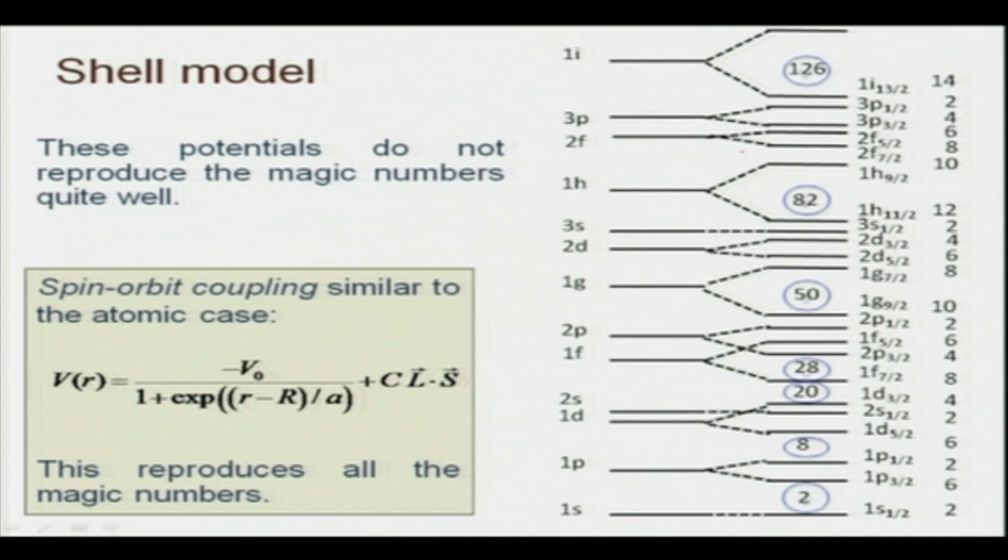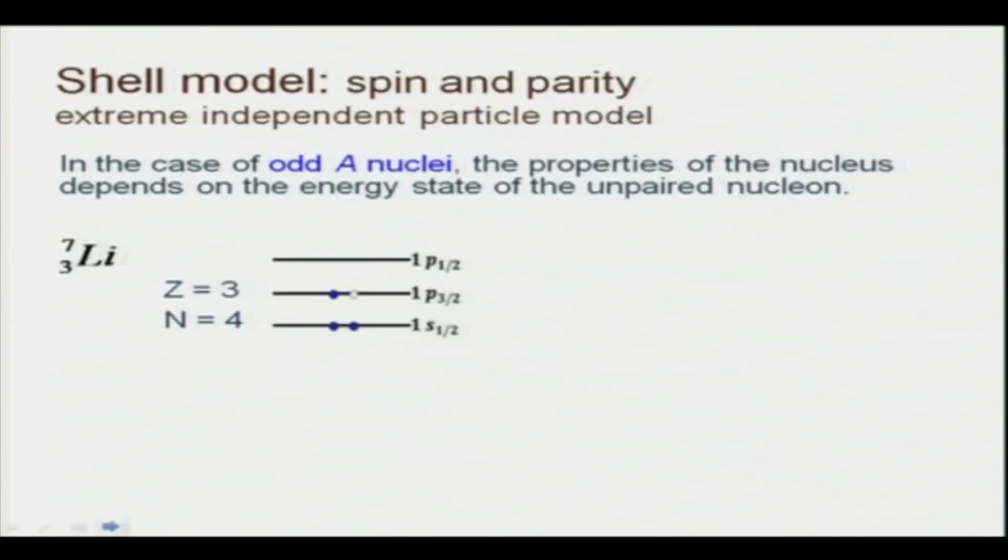So, neutrons and protons are separately considered, and then let us consider the extreme independent particle model. In this case lithium, as an example, has 3 protons and 4 neutrons. All the neutrons are paired, and in the case of protons, 2 of them are paired and 1 is unpaired.